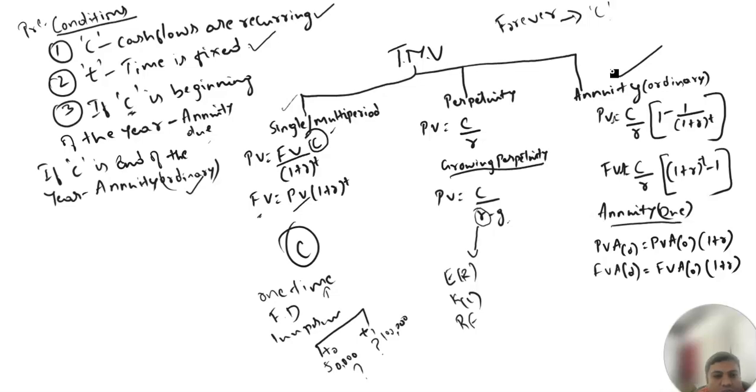Condition number one is C is recurring, time is fixed, and C is at the beginning of the year, then it is annuity due. So please remember this formula, and also in order to apply this formula, you need to remember these preconditions. Now let's go and see some problems.